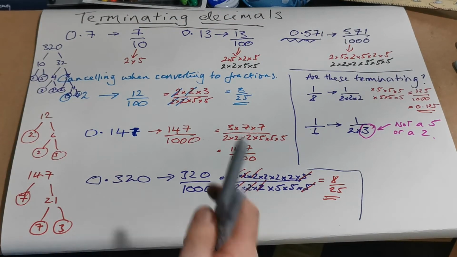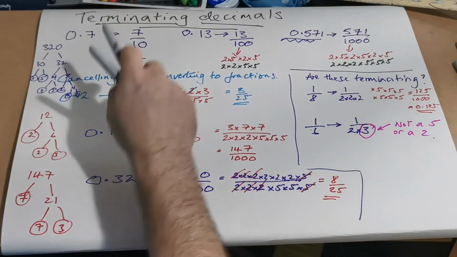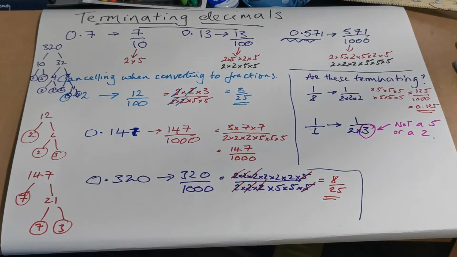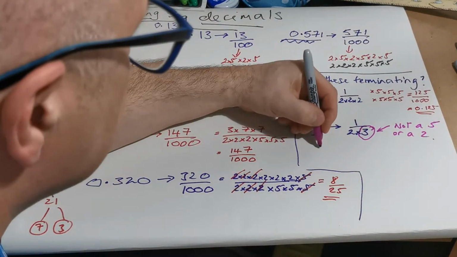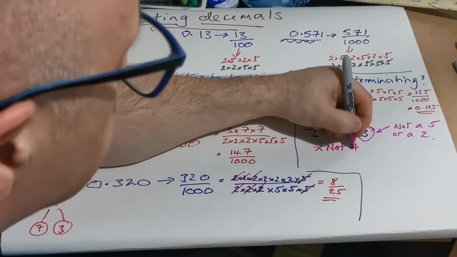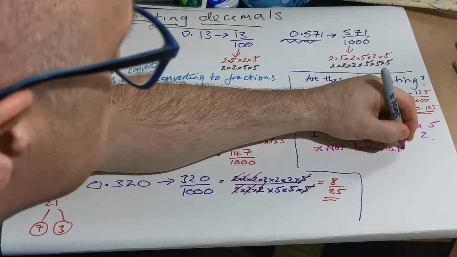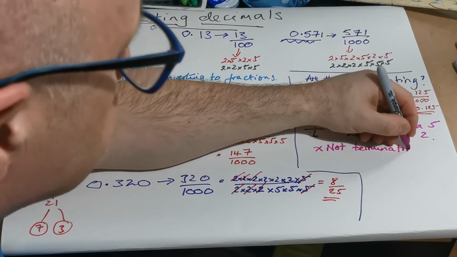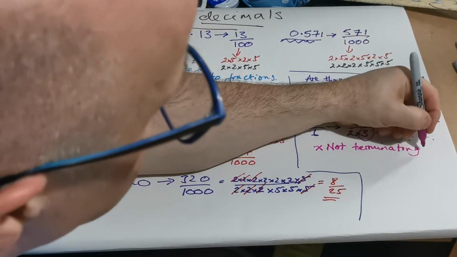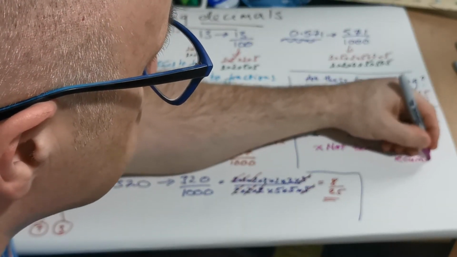That can never be there because I can only get those numbers on the denominators by multiplying the same amount of 2's to the same amount of 5's. So as soon as I put a different number in, that's not terminating, because I can't get one of those numbers on the bottom. So the opposite of terminating is recurring, and we'll have a look at them another time.